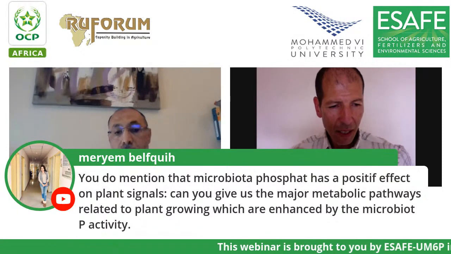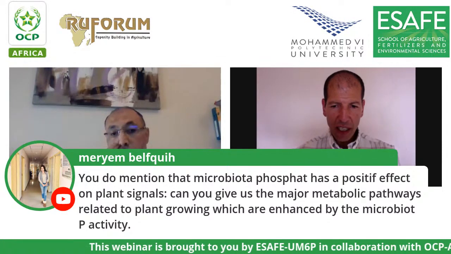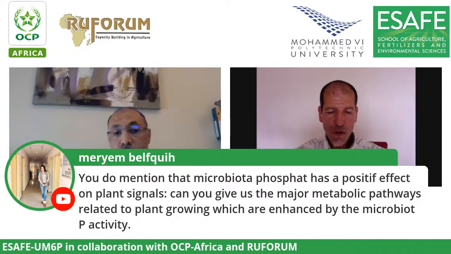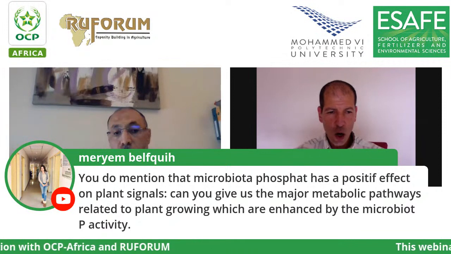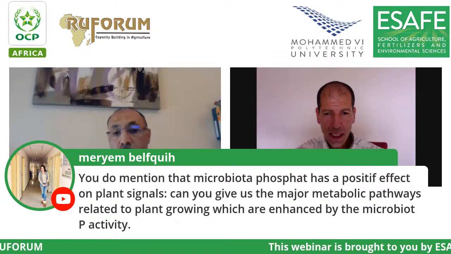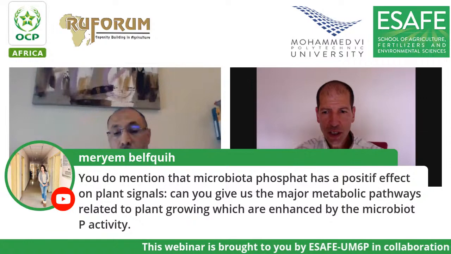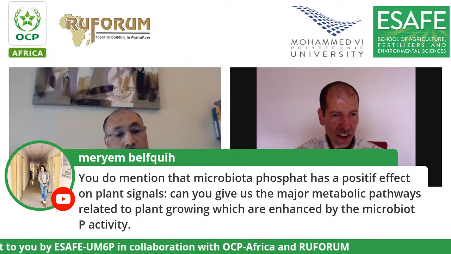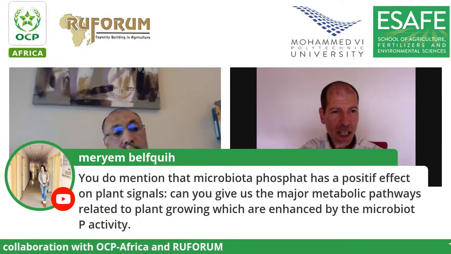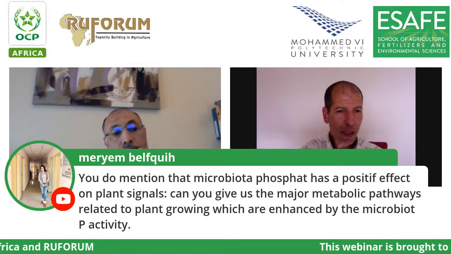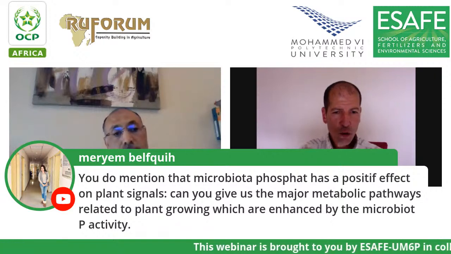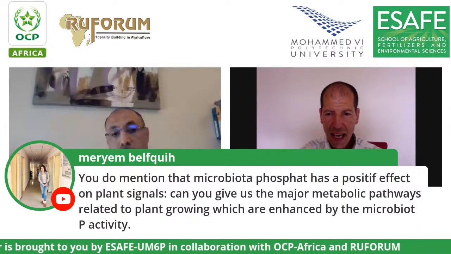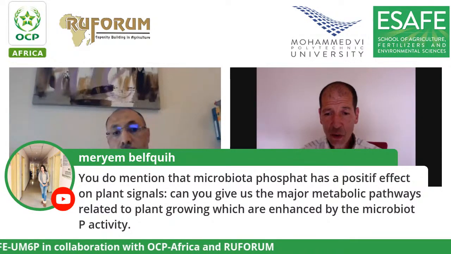Well, I think P is an essential element for plants, and not only for plants but for all living organisms, and it is in all the major metabolic pathways of plants: energy, structure as phospholipids, ATP, ADP, plant signaling pathways via phosphorylation, dephosphorylation of proteins via kinases, and also for DNA, RNA.